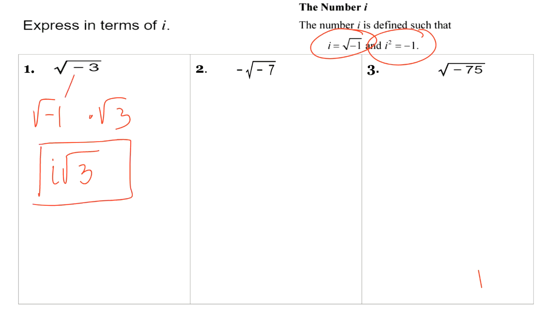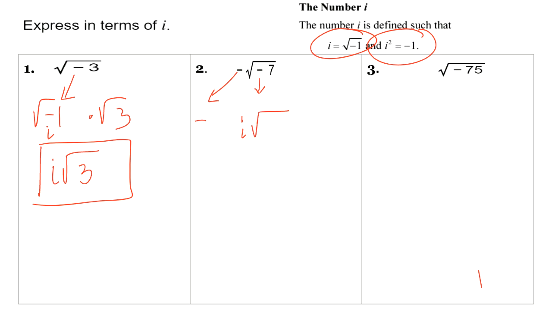The negative comes out, it becomes i, and you have radical 3, and then at that point, it's just old steps that we use to simplify radicals. Example 2, there's a negative that's already outside, so it stays negative. And then now I have i, and by taking out that i, my radical is positive.